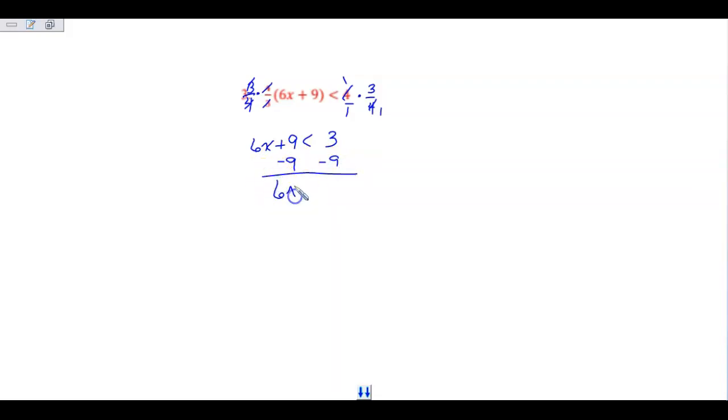I'm going to get 6x is less than 3 minus 9, which is negative 6. Now I'm ready to get the x by itself. I'm going to divide by 6. x is less than negative 1, because negative 6 divided by 6 is negative 1. I moved a positive, so the symbol stays the same. So this is one way of doing fractions: instead of distributing, just go ahead and get rid of the fraction.